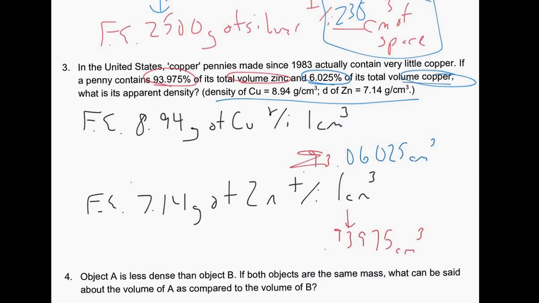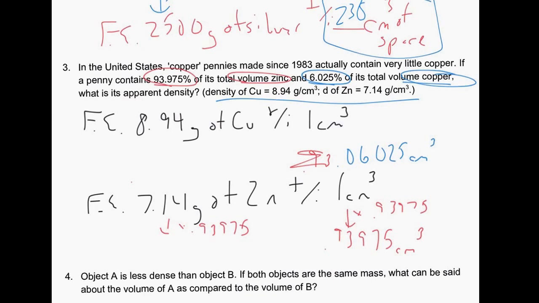Back up here, if I multiply those two out, this will be times 0.93975, times 0.93975. That is 6.7136 grams of zinc.